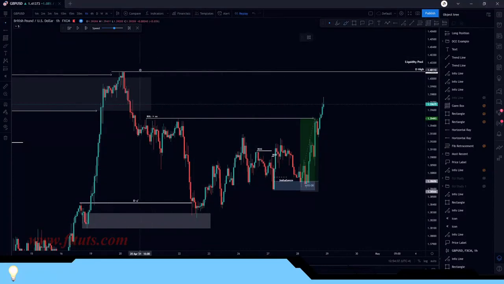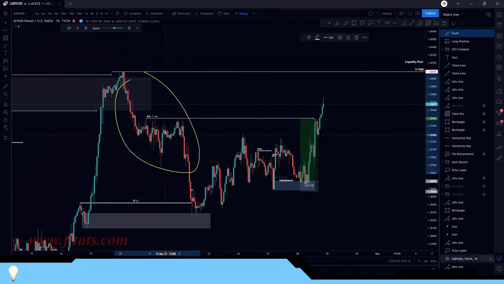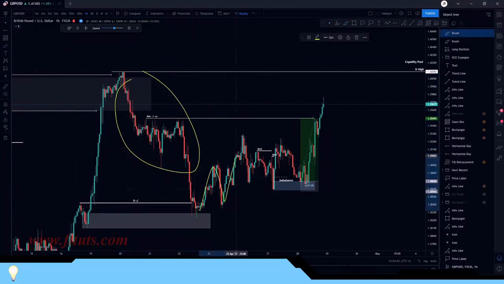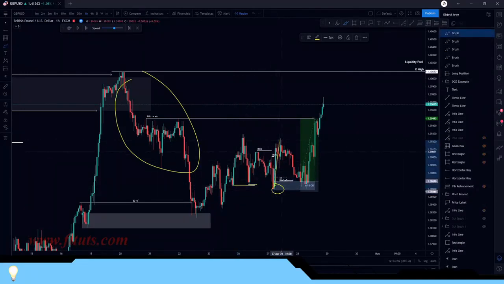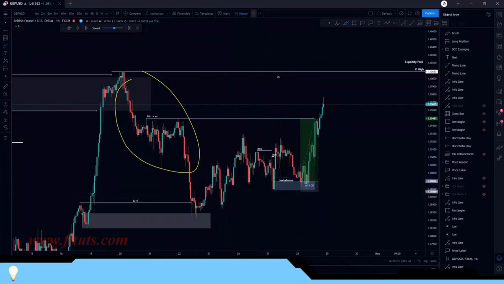So we have a corrective move to the downside. However, we're starting to get a sequence of higher highs and higher lows, right? Even though price came back down here to create a lower low, we can clearly see equal lows here, price drawing on liquidity and impulsing to the upside, creating this point of interest on the 15 minutes, okay?